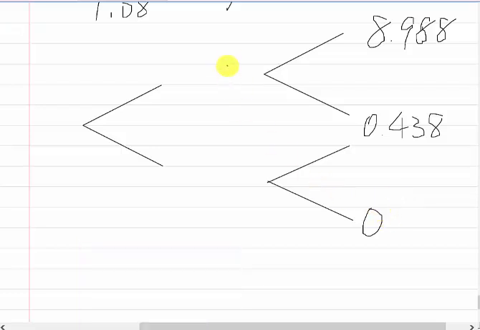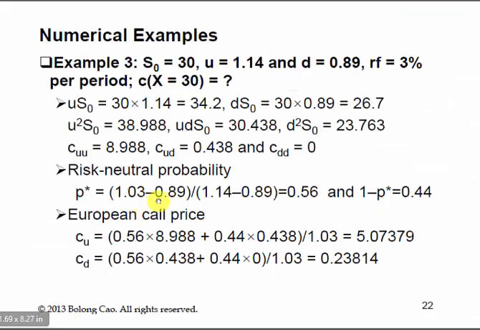And what we are interested in is what's the number here for the call option's upstate price, or how much it's worth, and then in the downstate how much it's worth. And then using these two numbers we haven't got yet, we calculate the initial call premium. Let's look at that. Again, to use the binomial formula, we first have to calculate the risk neutral probability, which is based on the up and down proportions and the risk-free rate.